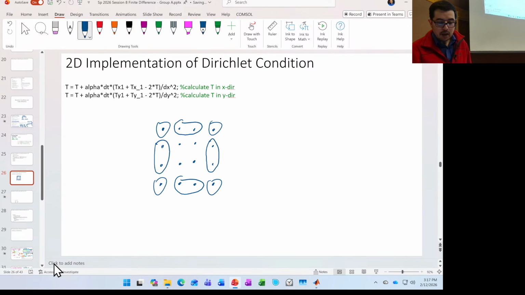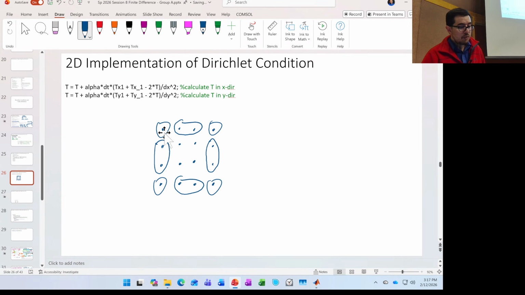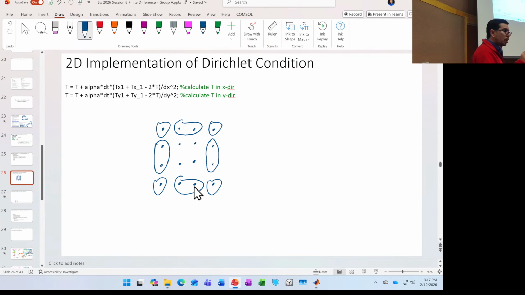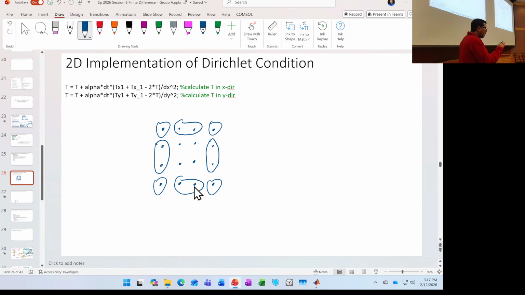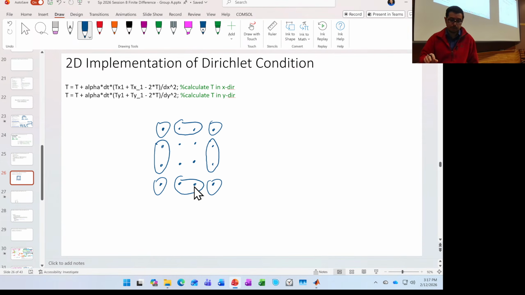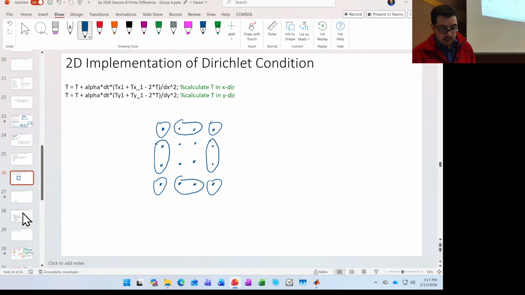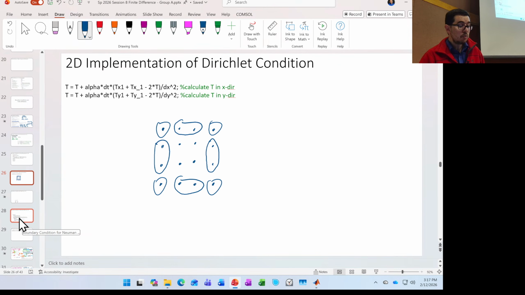So if you're in the top corner, right, you have to apply whatever the temperature is that's set there. If you're on the left side, you have to apply whatever temperature has been specified on the left side. Top, right, bottom. These are kind of special regions that you have to keep track of. And when you do this with the Neumann boundary conditions, it's worse. The math gets worse. Okay?